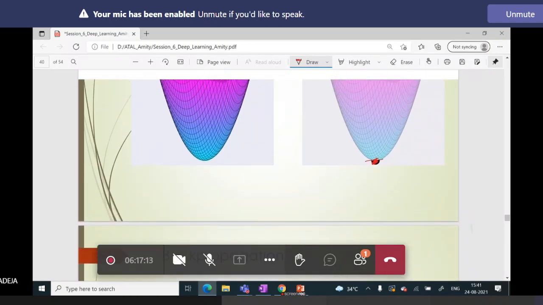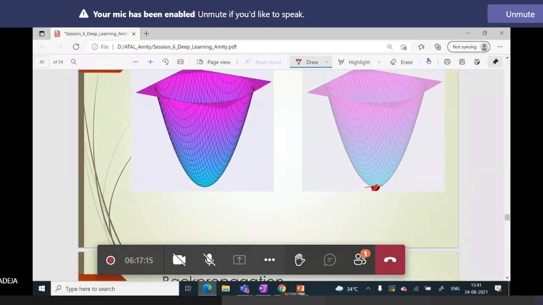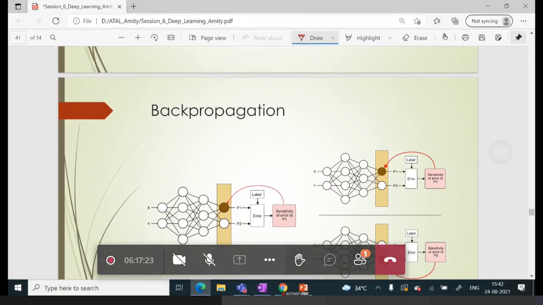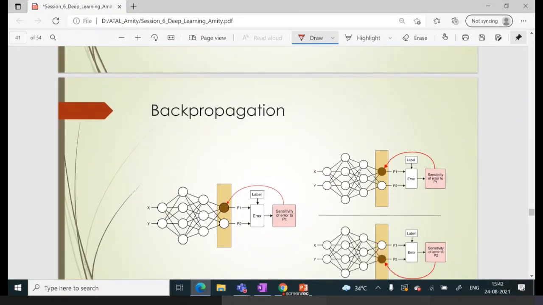So how will the neural network reach this particular point? That is the next question. And to answer this question, we are going to learn backpropagation. So basically, let's say for one configuration we have found the error, right? And now, along with the error, we have also found the gradient.